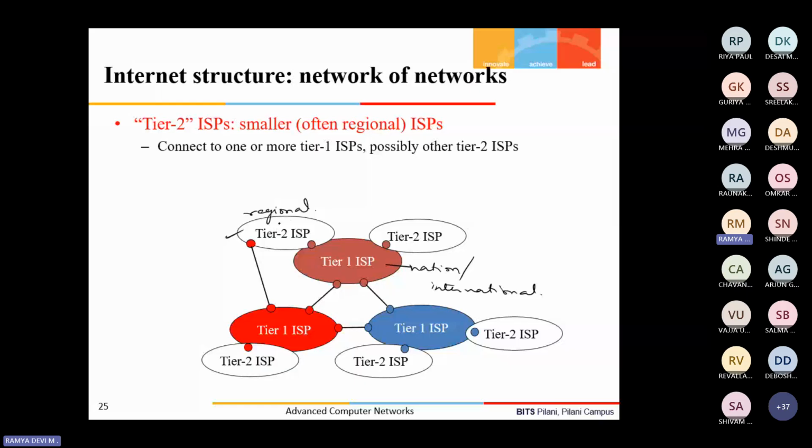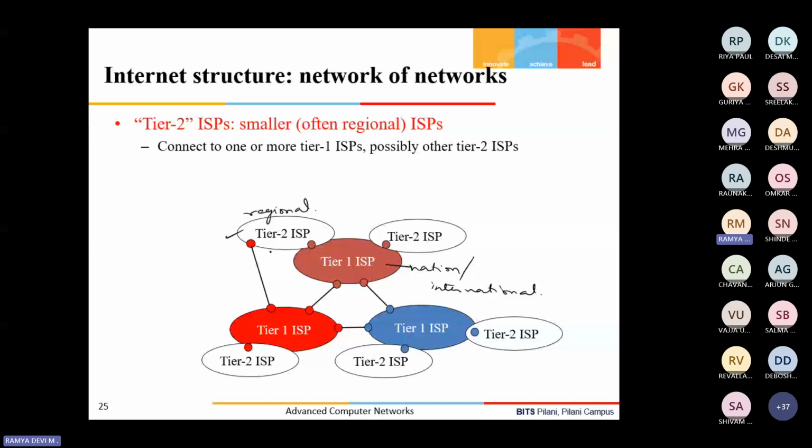Tier 2 does not have a global network; instead they connect to Tier 1. They purchase internet connectivity from a Tier 1 ISP, or even from one or two Tier 1 ISPs, in order to gain access to the broader network.